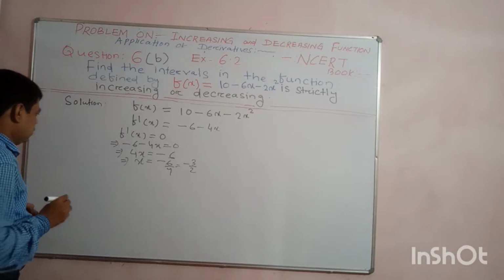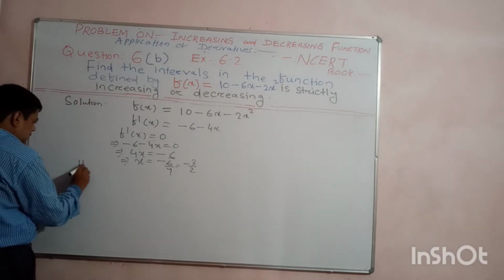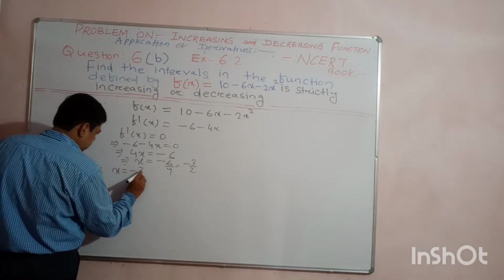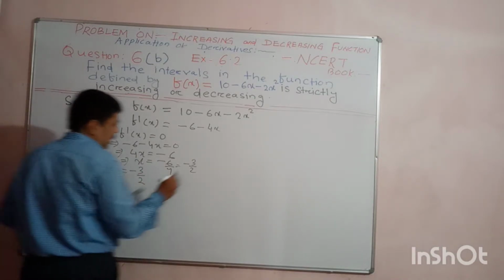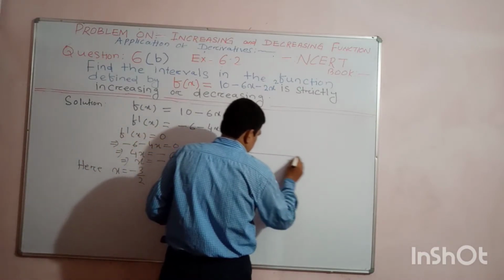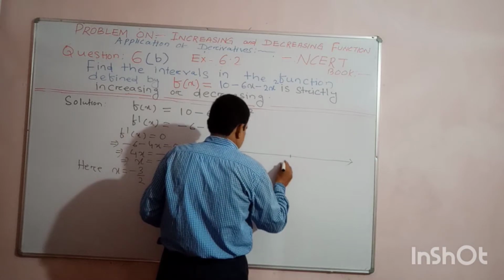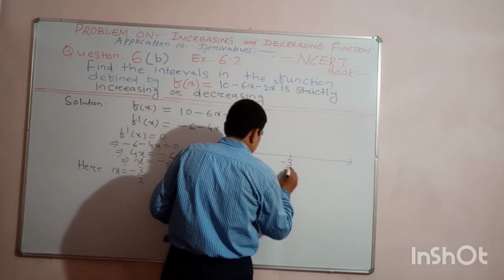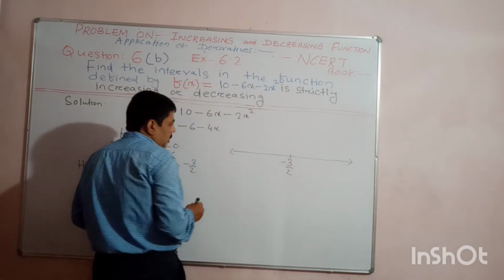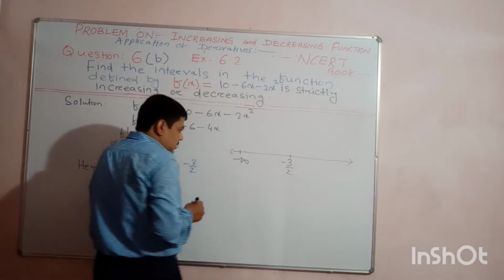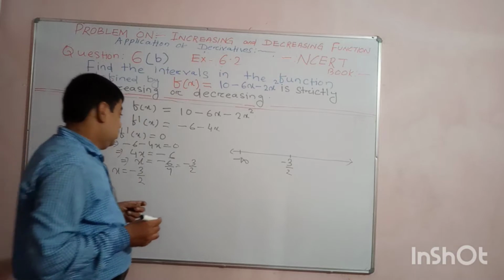Understand? Here the domain, the real number x is minus 3 by 2, which divides the real number line into two disjoint sets. Here is minus 3 upon 2. So we divide the real number line into two disjoint intervals.